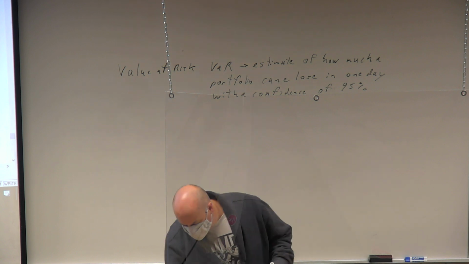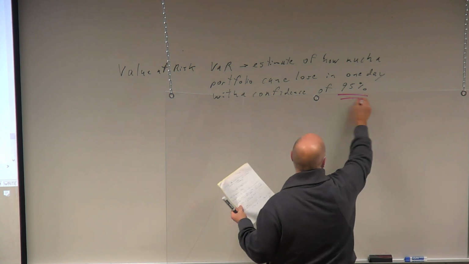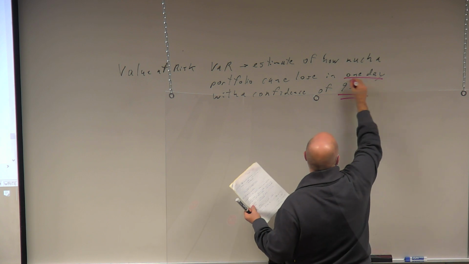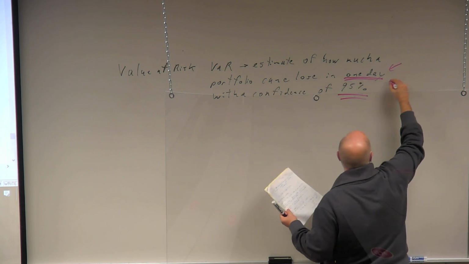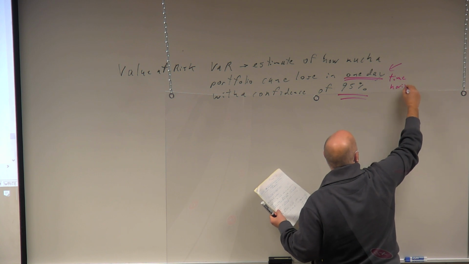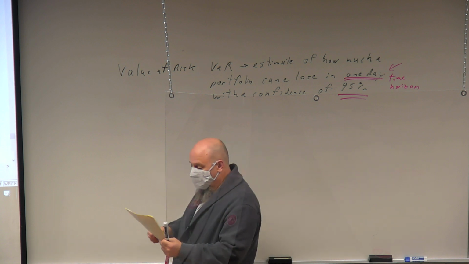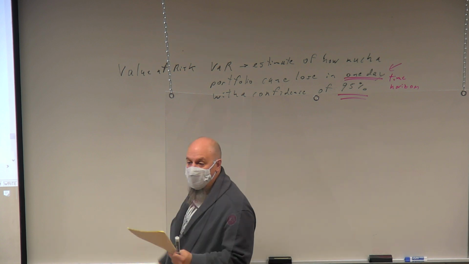So these things are kind of modular though, right? This percentage here and this one day. That one day, that's the time horizon. And that 95%, that's your level of confidence.